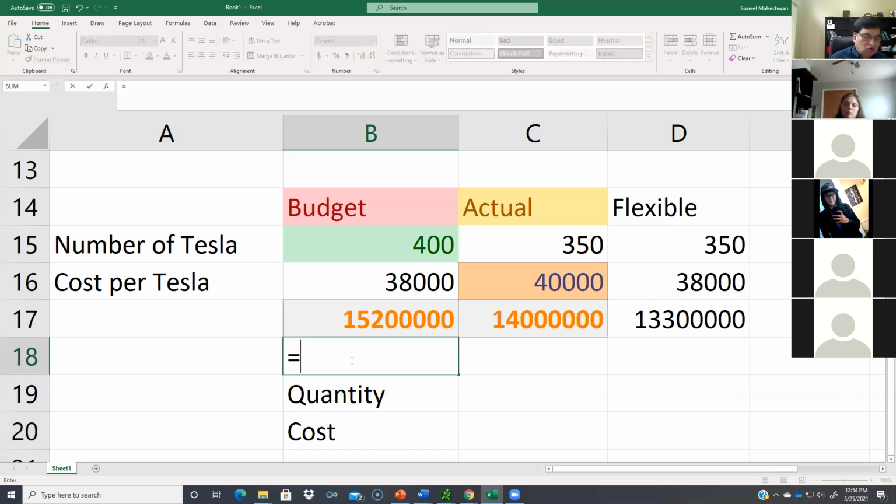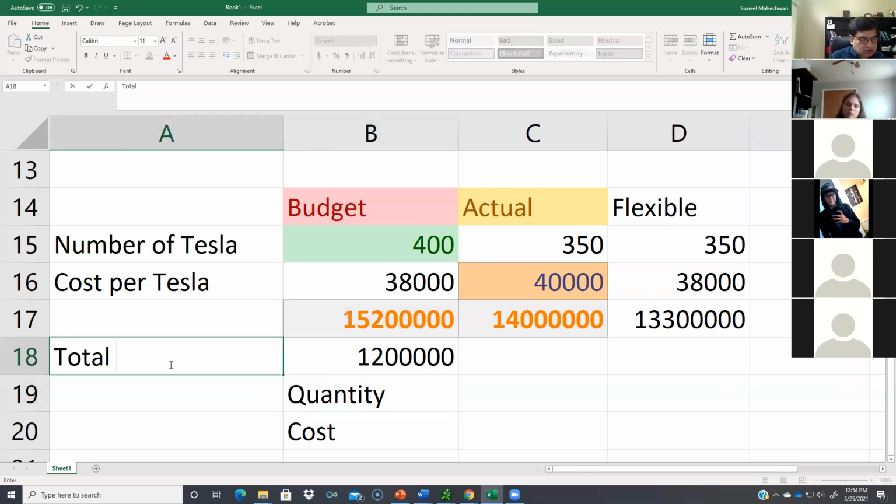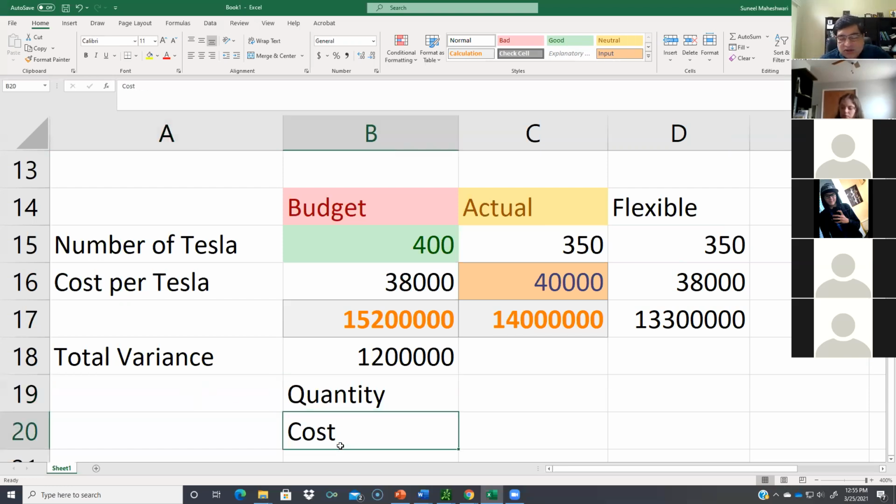So the total variance is still 1,200,000, but it is due to two reasons. One, due to the quantity being less, and the second, the cost being more. So for our decision-making purposes, we need to separate the reason for quantity and the cost.